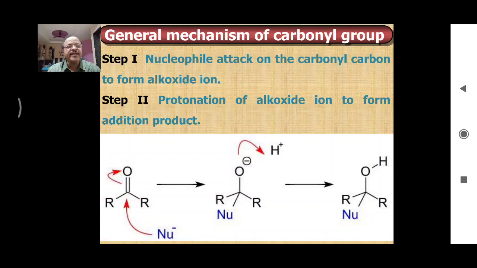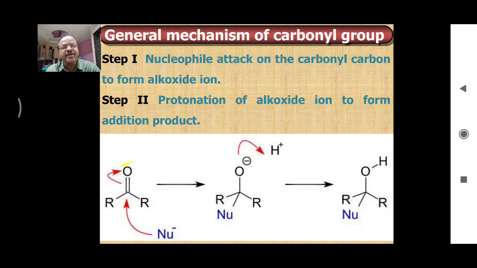The general mechanism of carbonyl group involves two steps. The first step is nucleophilic addition, or nucleophile attack on the carbonyl carbon, to form alkoxide ion. In this first step, the nucleophile attacks the carbonyl carbon.